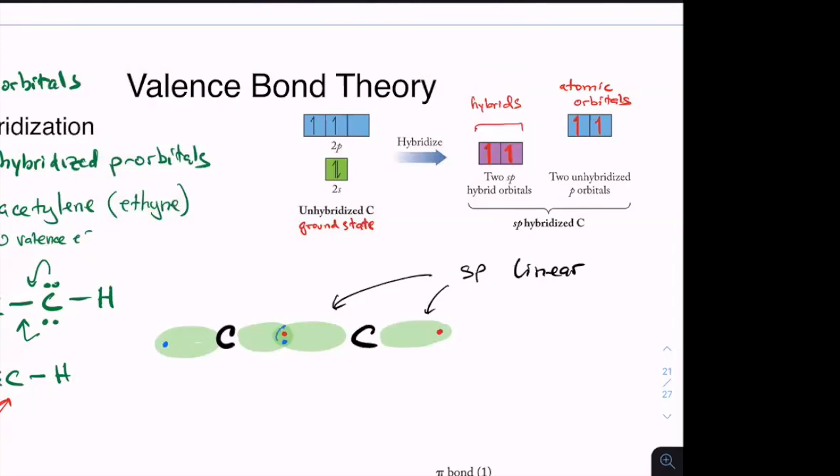And right here in the middle, we know what that is. That's a sigma bond. It's along the bond axis, and it's formed between 2 sp hybrid orbitals.